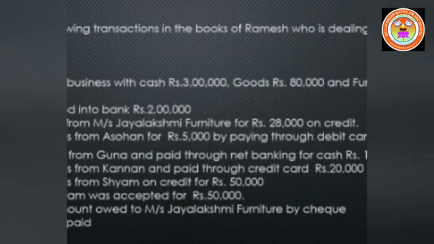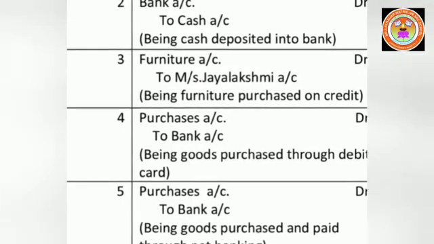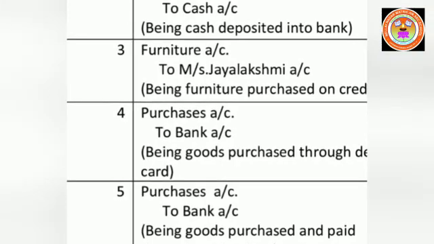From your bank account, the banker will debit the money and give the money to that particular party. So you need not pay in the form of cash. When you use debit card for your purchase, your banker will give the money for that. What will be your journal entry?